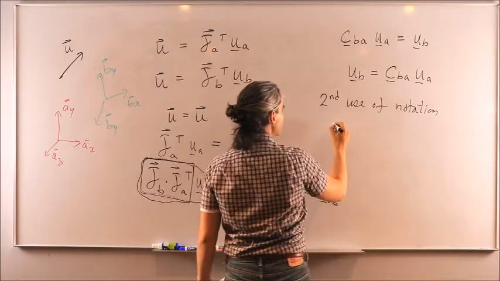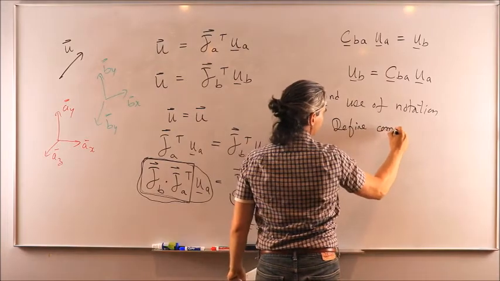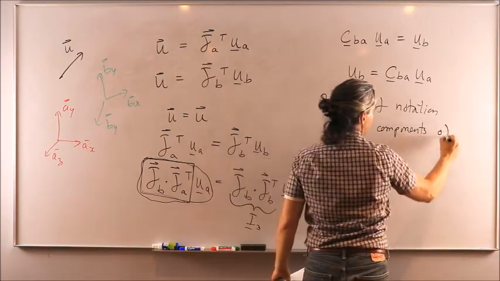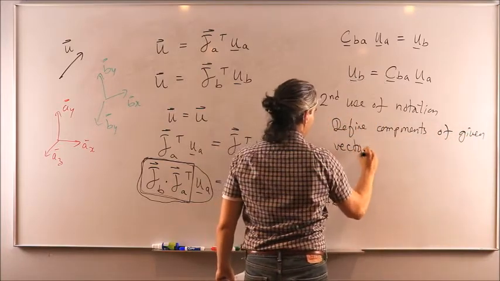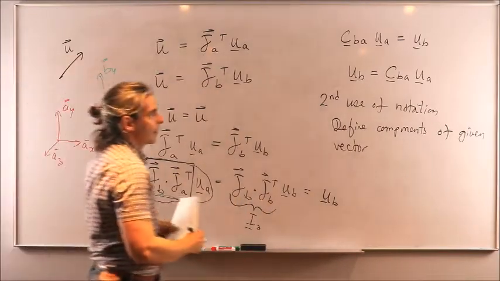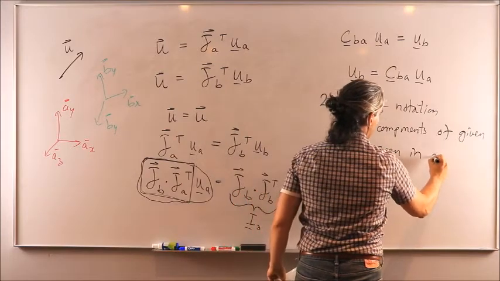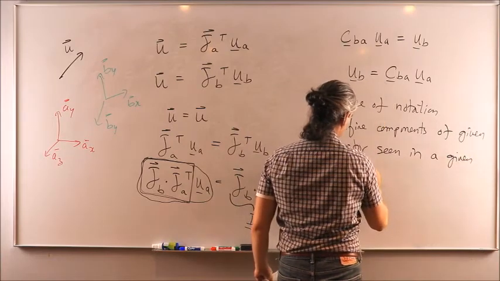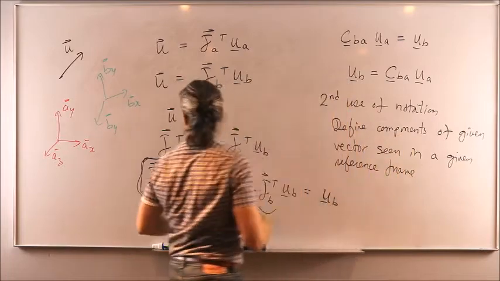Okay? That is to define components of a given vector. In this example, we've been playing with vector u, but that could be any vector seen in a given reference frame, say B, right?